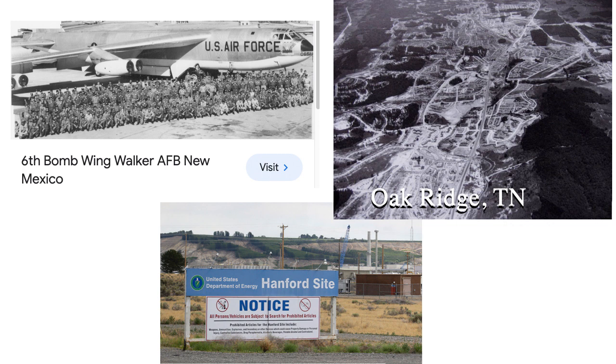So the three most iconic and remembered and significant ET cases in 1947 were the most conspicuous nuclear sites in America, just 2 years after the explosion of the Hiroshima and Nagasaki bombs. So I think the handwriting is on the wall.